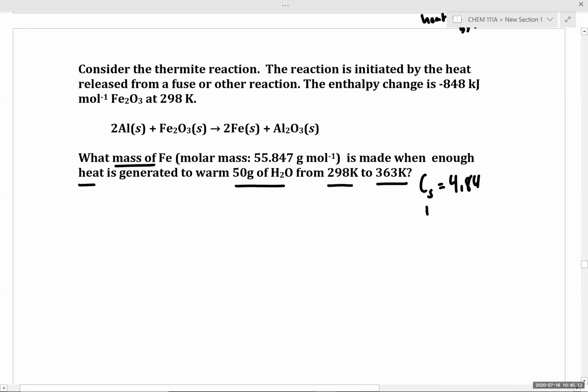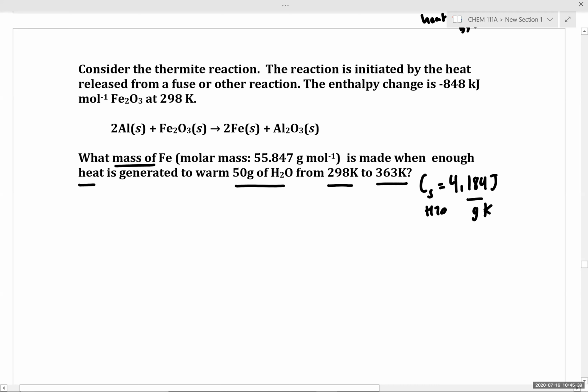So the specific heat of water is 4.184 joule per gram Kelvin. That's because Celsius and Kelvin both follow the same linear conversion factor. If you want, you can convert to Celsius, but you don't have to.